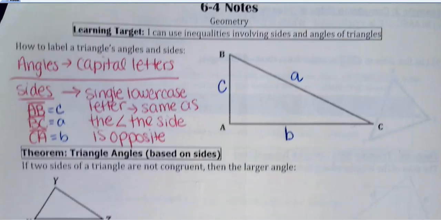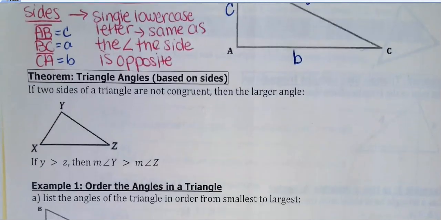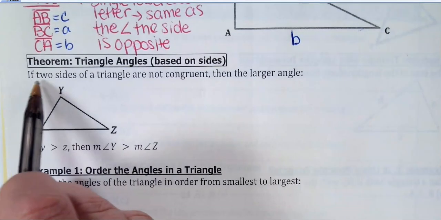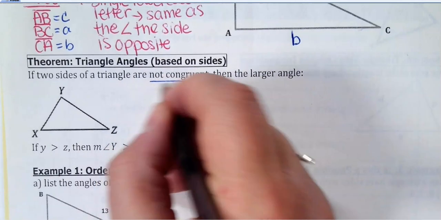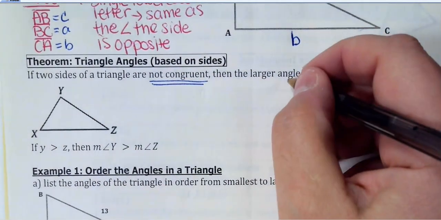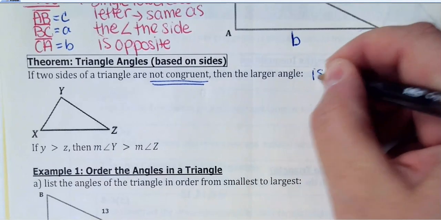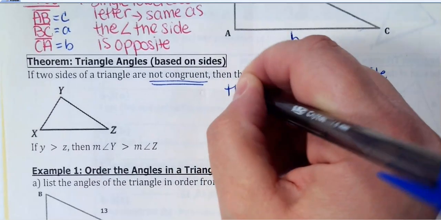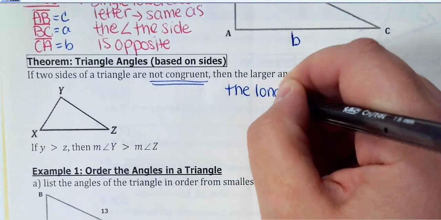Okay, so the first thing we're going to talk about is how you can, without knowing any numbers necessarily for angle measures, determine which angle is bigger than any other in a diagram of a triangle. So this says if two sides of a triangle are not congruent, so as long as the sides are different, the larger angle is going to be opposite the longer side.